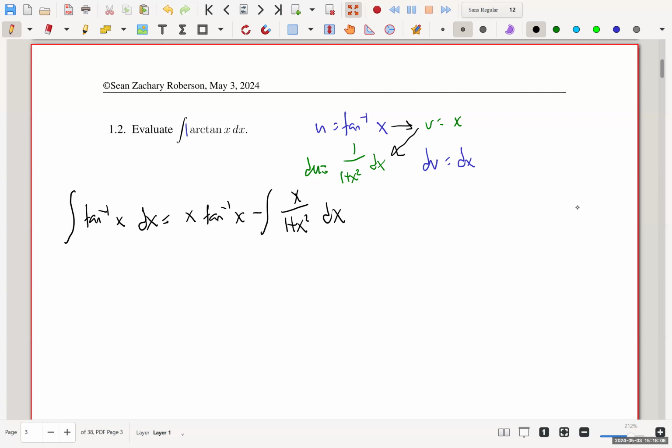Very good. So one way of attacking this, let's do this in orange, since we already used u, I'm going to use z. So I can make the substitution z equals 1 plus x squared. So dz is 2x dx. That's the natural way of doing this. Good on you for that.